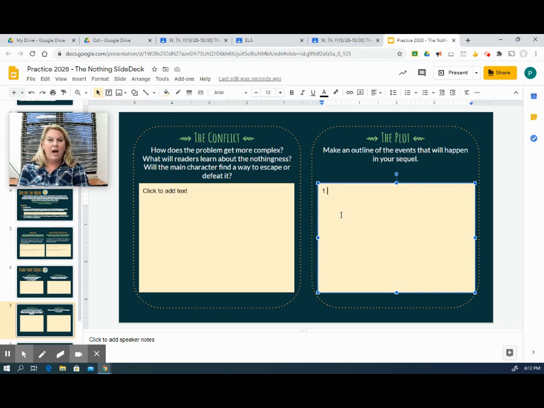And so I would write that, if that's where I want my story to go. And then I would go ahead and describe what happens next. So break it down. Remember, this was flash fiction, so it's very short.